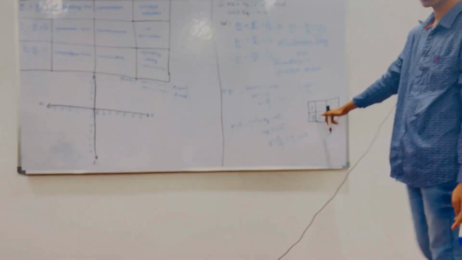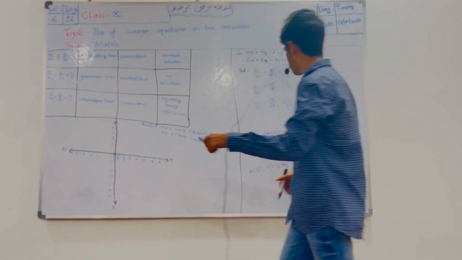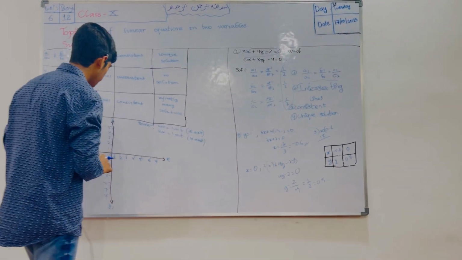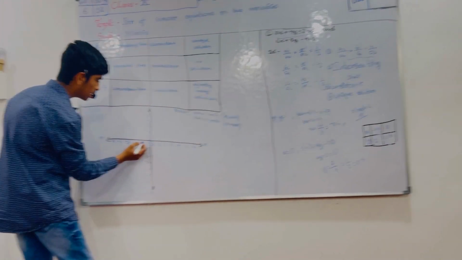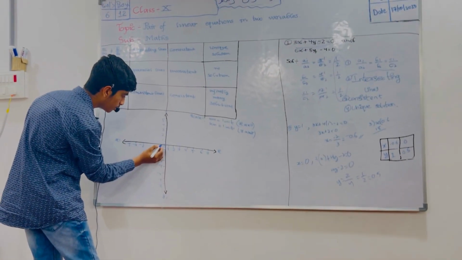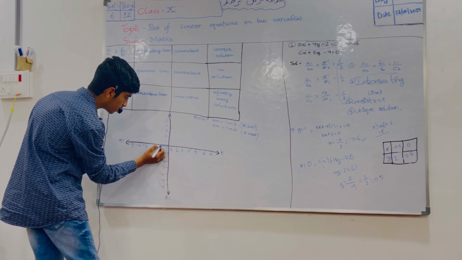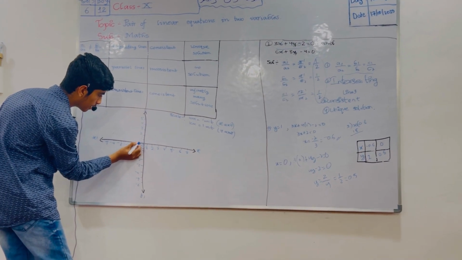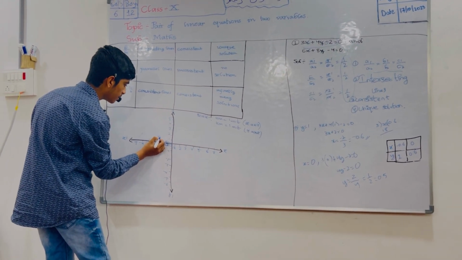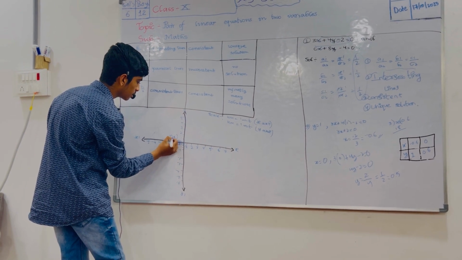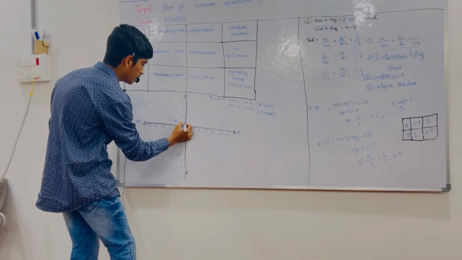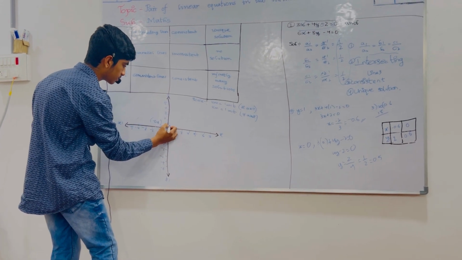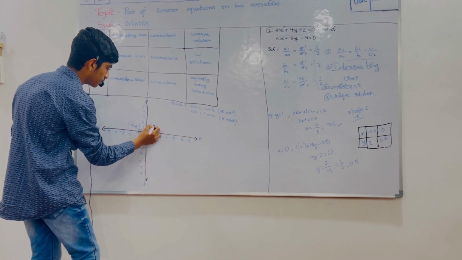So first we have to draw the graph for these values. The x is minus 0.6. It means minus value is always in x dash. Minus 0.6 means 1, 2, 3, 4, 5, 6 here it will come. The first point is minus 0.6, 1. 1 means here in y-axis. This is 1.